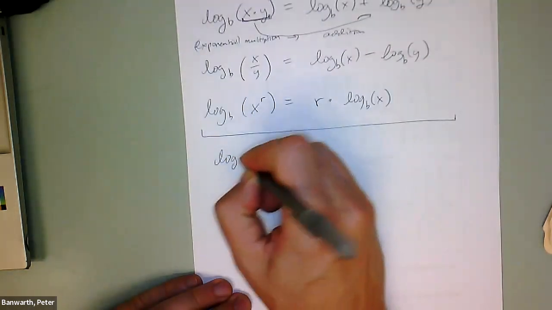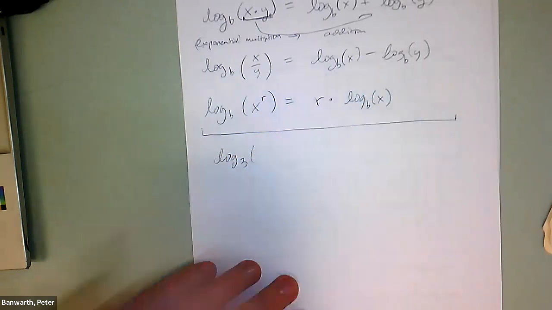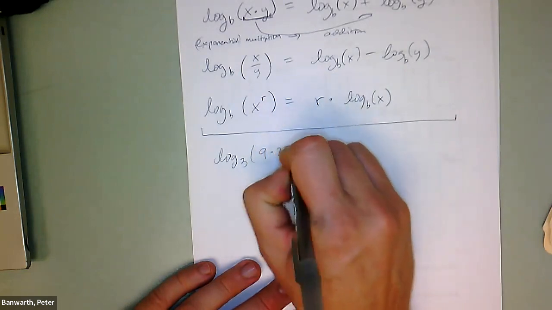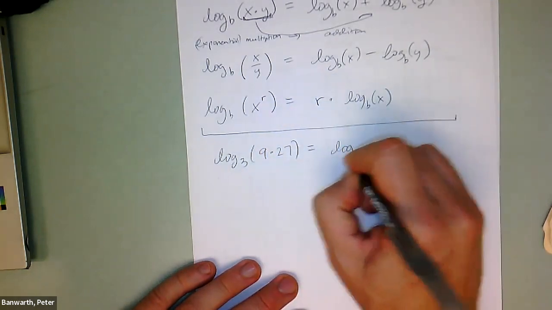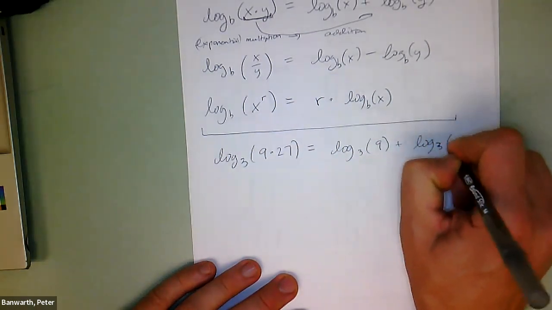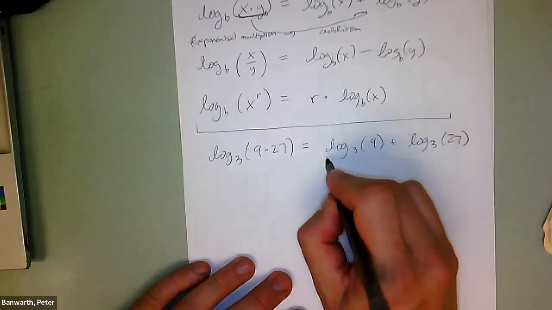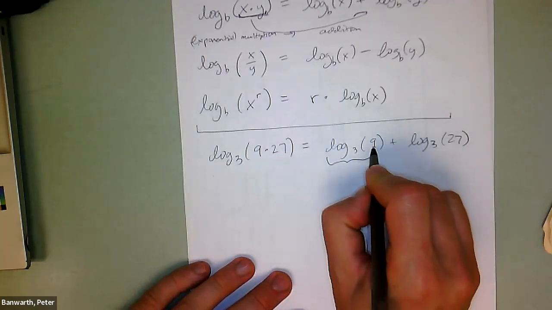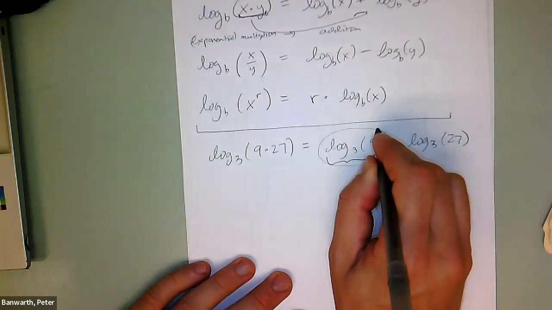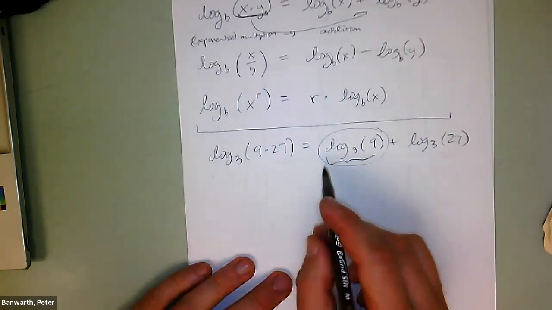So if I have log base 3 of, let's look at a product, 9 times 27, that's the same as log base 3 of 9 plus log base 3 of 27. And if I want to actually go a little bit farther, this term, that's the power that goes on 9. Let me start over. I make mistakes, you have to deal with it.